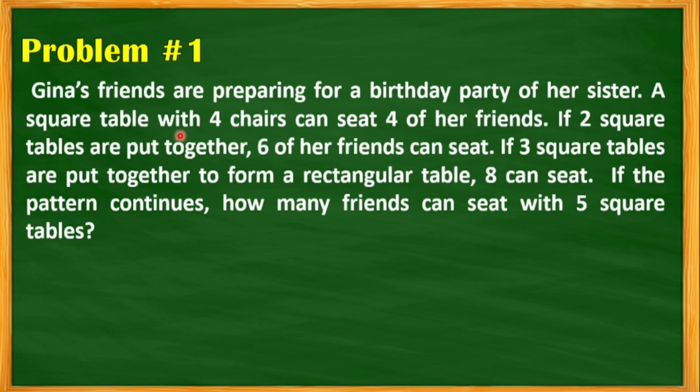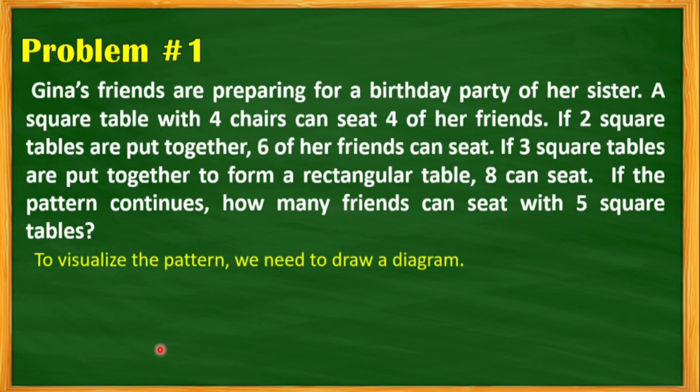A square table with 4 chairs can seat 4 of her friends. If 2 square tables are put together, 6 of her friends can sit. If 3 square tables are put together, they form a rectangular table, and 8 can sit. If the pattern continues, how many friends can sit with 5 square tables?